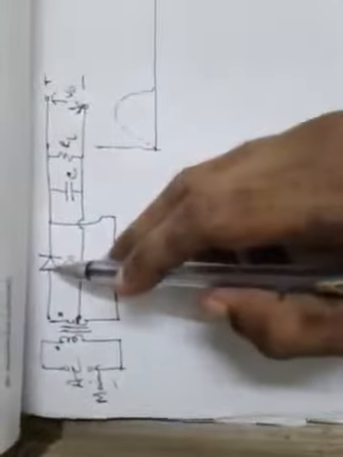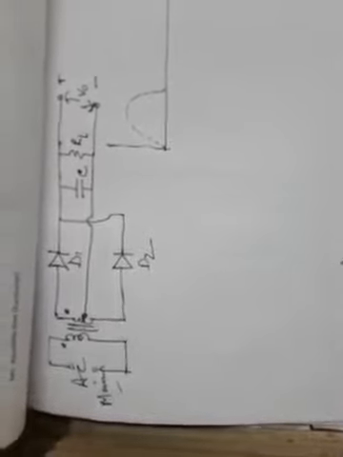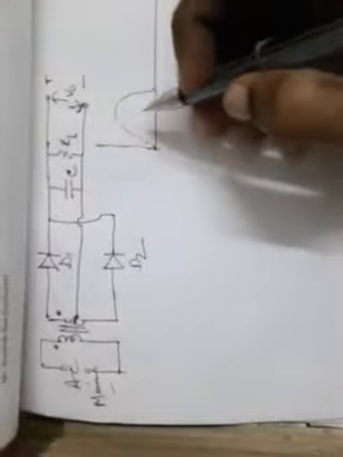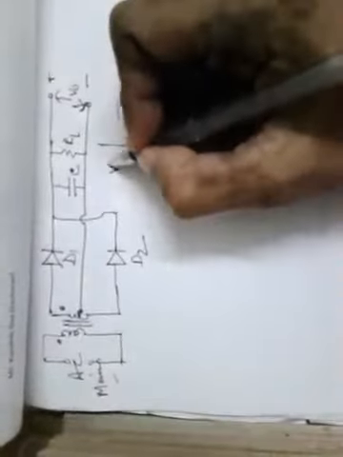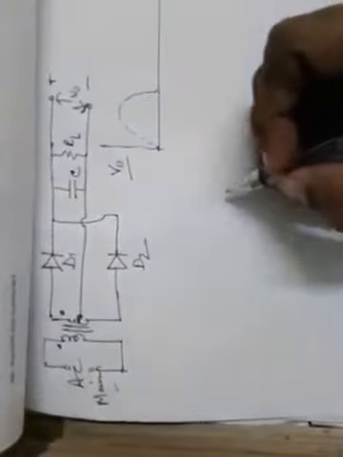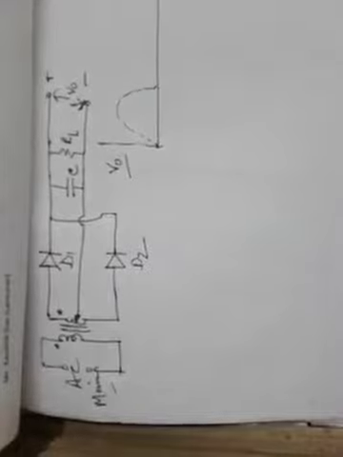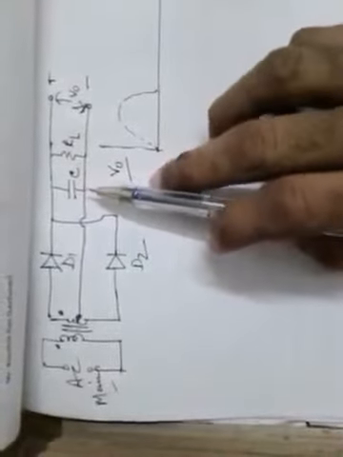Based on this input voltage, the first diode D1 conducts, and the output will be replicated the same as the input. So the output will be like this dotted portion. If this is the output voltage VO, it will be like the dotted portion, and initially we are considering that the capacitor input filter is not present in the circuit.